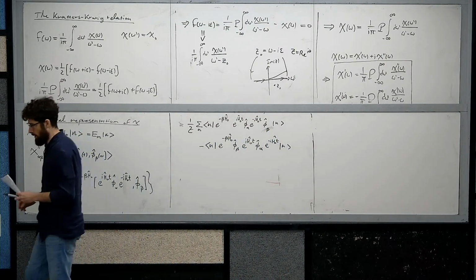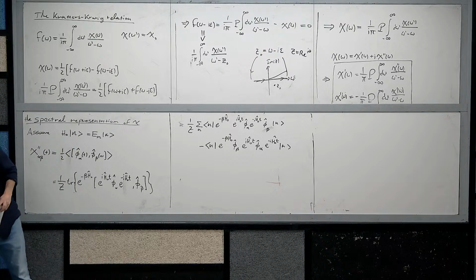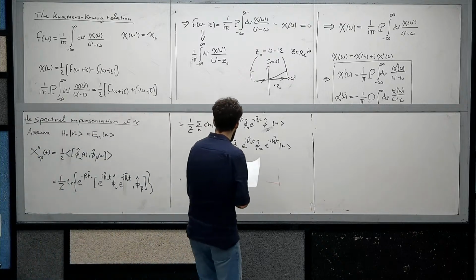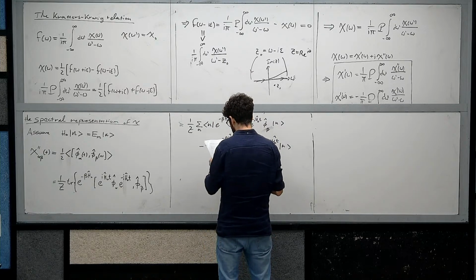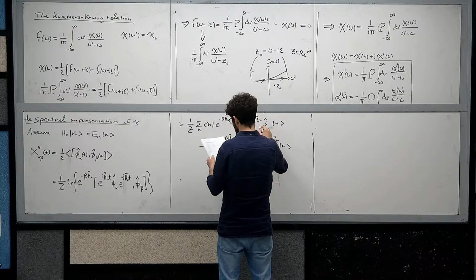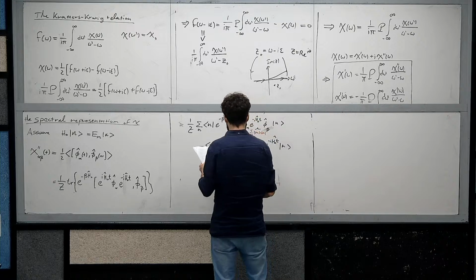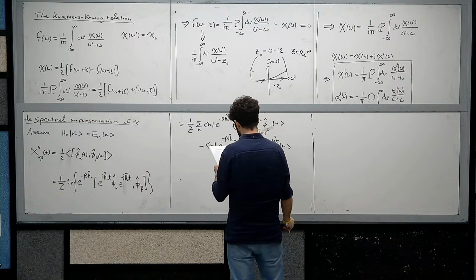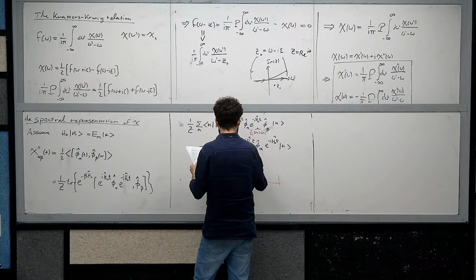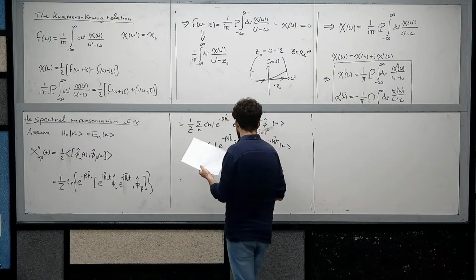Let me denote this in red. So I'm going to flag this complete set of states. Here I'm going to put it here. Here, I'm going to put it here. Okay.